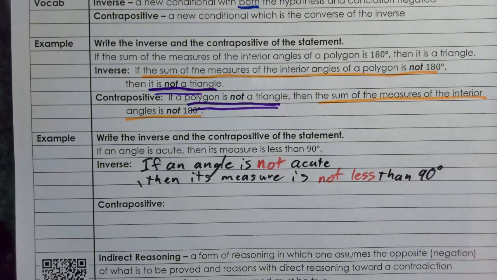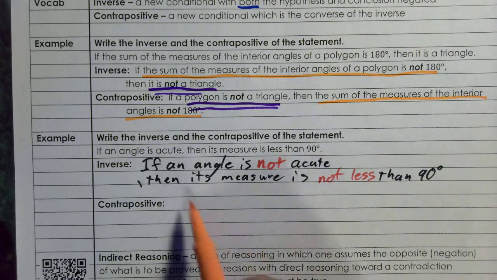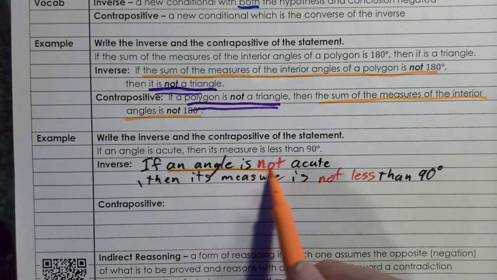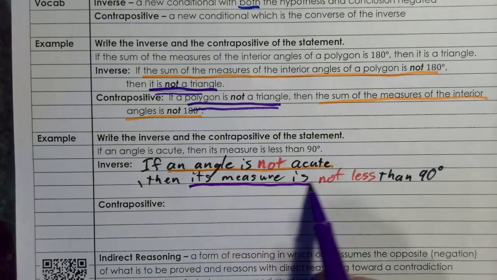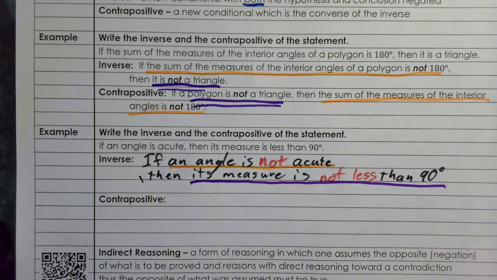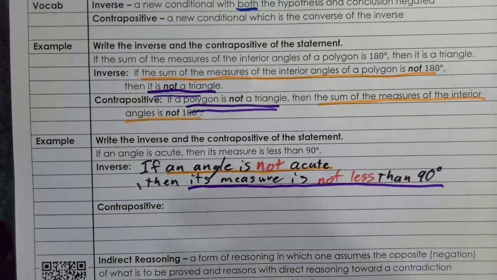Okay. If we want to make the contrapositive, we're going to need to swap the location of the if and then from this statement. So we're going to have to bring this to the end, but we're going to start it with this part. Its measure is not less than 90, making sure that we're swapping around those pronouns in the statement.